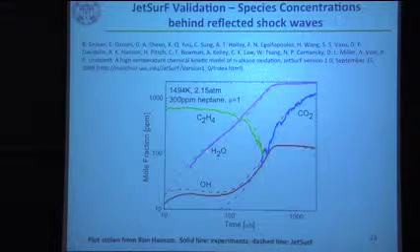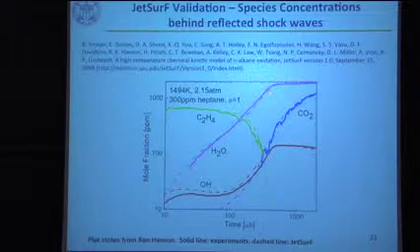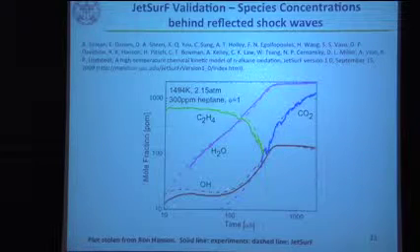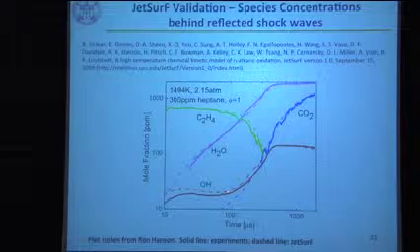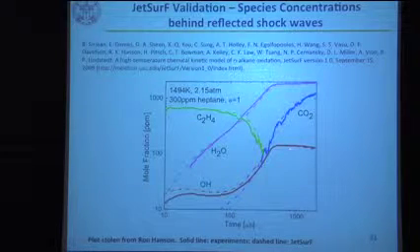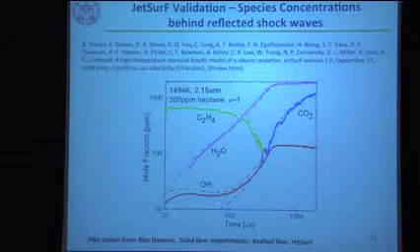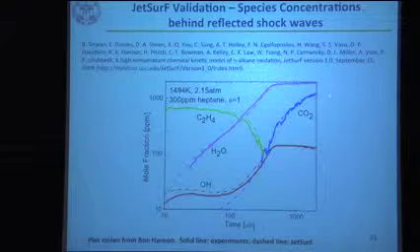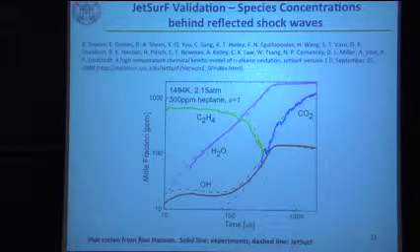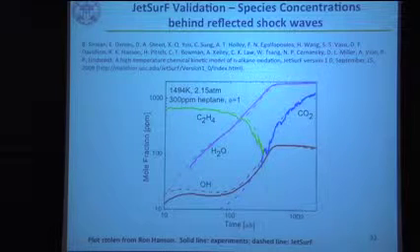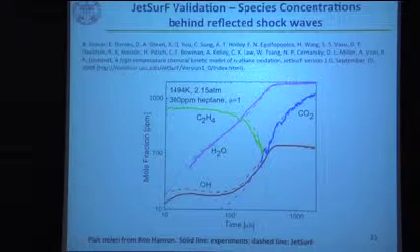So water forms early. But you start to build a radical pool until about 100 microseconds, then the OH concentration takes a rapid rise, and this is accompanied by the rapid production of CO2. Now this chart is representative of the time structure of fuel oxidation processes.